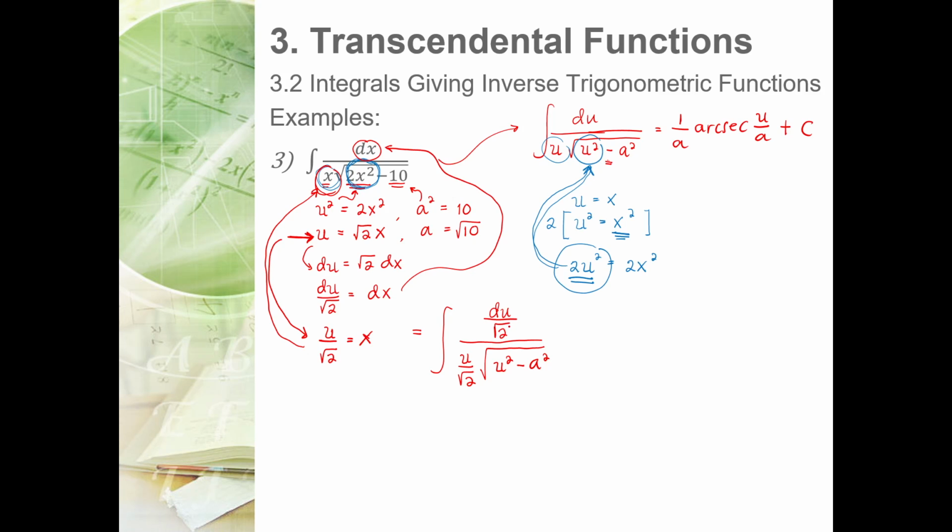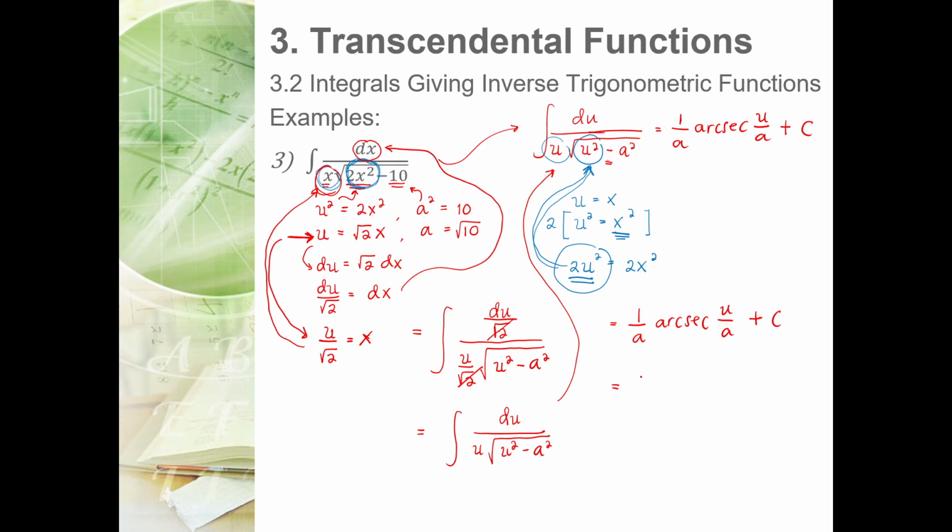So notice that we can cancel out square root of 2. What remains in your equation is du all over u square root of u squared minus a squared. So this one is exactly the same as the given format for your inverse trigonometric integrals. So the answer is 1 all over a arc secant u over a plus c.